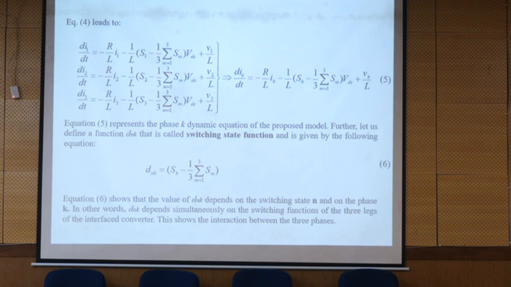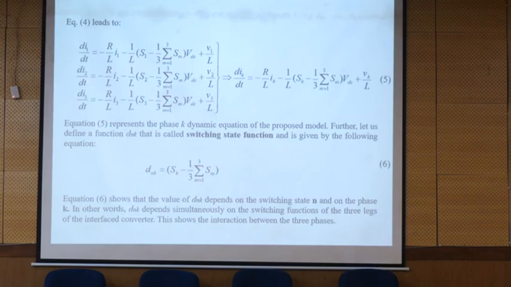Then you can easily understand the paper if you know the routine of this calculation. So if I'm going to use this one, it is better that we call it DN, because this is the switch. We call it the switching state function, okay? It means that the switching operation of phase 1 also affects phases 2 and 3, because we have SM, where M is from 1 to 3.